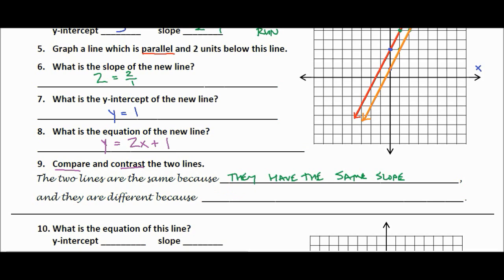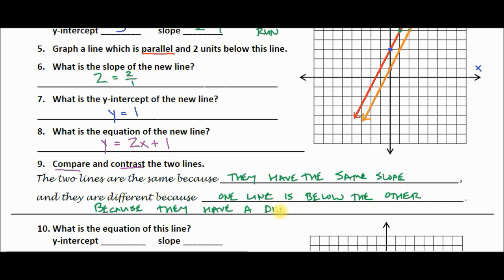They are different because one line is below the other. And if you want to clarify this, one line is below the other because they have a different y-intercept.